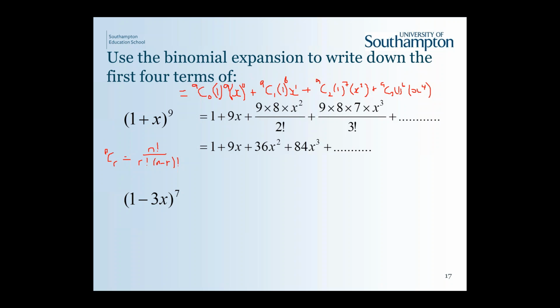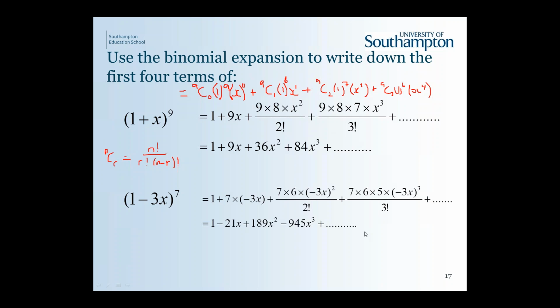So yes, let's see. Oh, I've got 945. Have I done that? Let's do it. So 7, 6, 5, minus 3 cubed. No, that is 945.